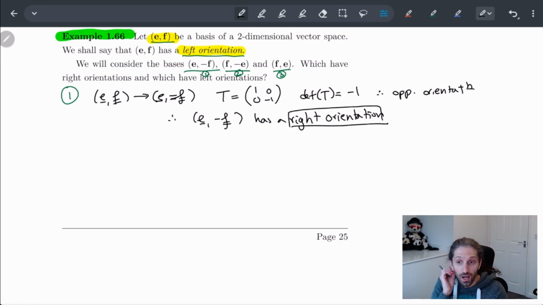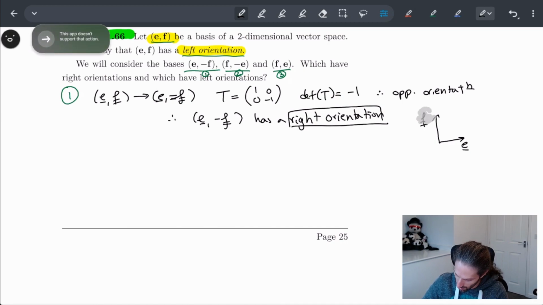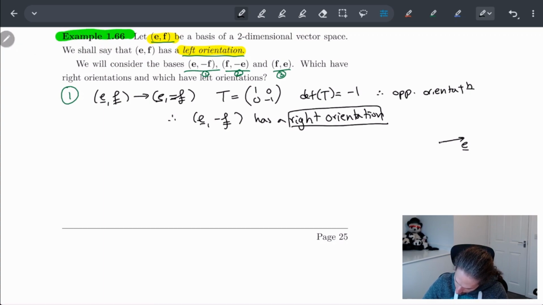Now the cool thing about this one is that it's a reflection in 2 dimensions. So let's see what this looks like. If I have my two vectors E and F, here we'll say this is E, this is F. Here I chose an orthonormal basis, but it doesn't have to be. Actually, let's choose something that's not an orthonormal basis. And what is minus F? It's this vector here, right?